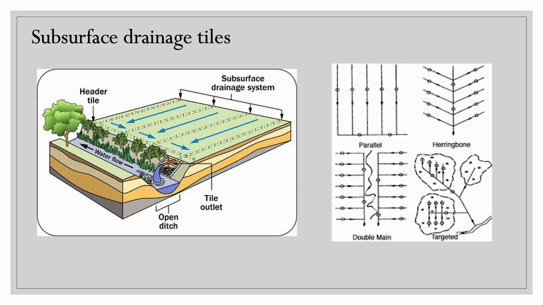Subsurface drain tiles do the same thing, except that there's going to be some movement into the soil first, and then out underneath the soil. That water will then move to the closest water body that will receive that water.